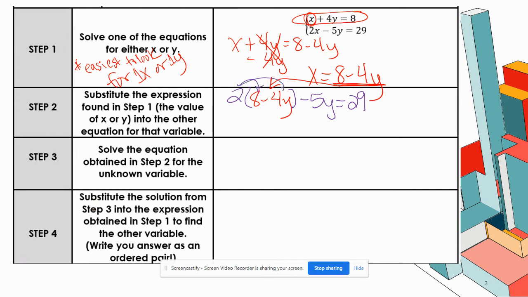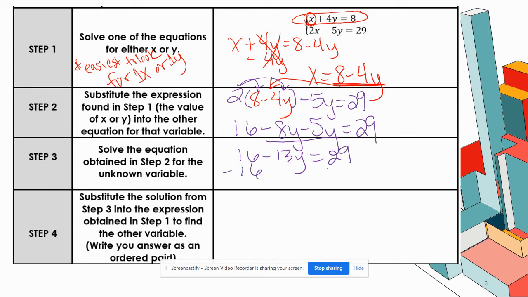Now I can distribute. 2 times 8 is 16. 2 times negative 4 is negative 8y, keeping that negative 5y, and the equals 29. I'm going to combine my like variables. Negative 8 minus 5 is negative 13y.